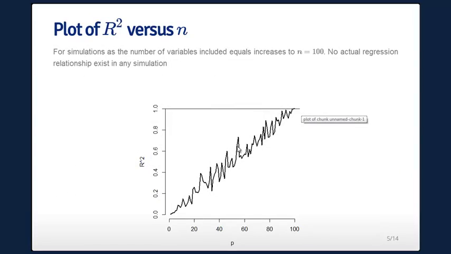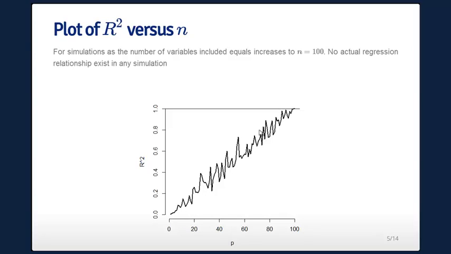Here, just as an example, is a bunch of simulations for the number of variables included, for n equal to 100. The way I did it, this is a different set of simulated data for each number of regressors.